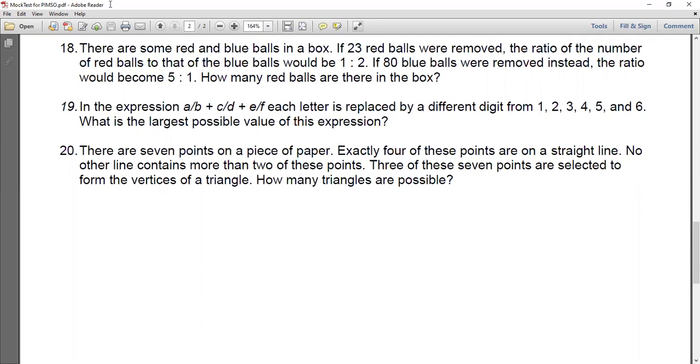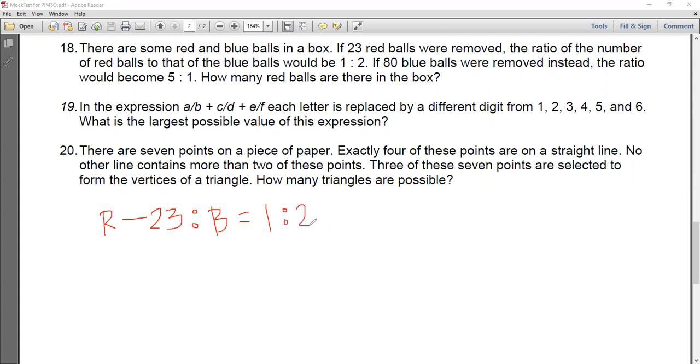Now, it says here that if you remove 23 red balls, the ratio to blue balls is actually 1:2. That's the condition.